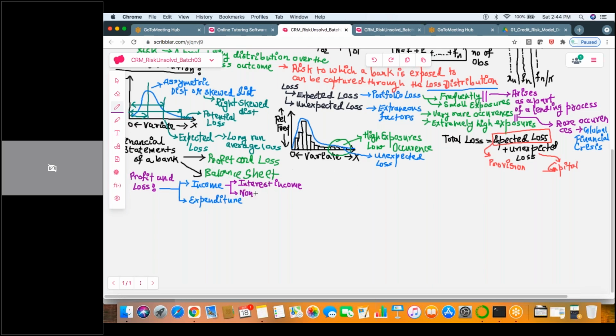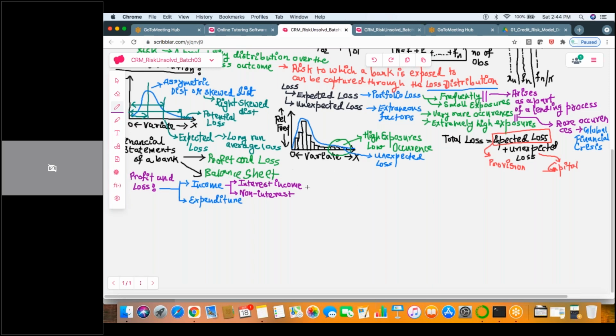The interest income is the income which the bank earns from their lending practices. When the bank lends funds, the individuals have to pay interest on that, and from there what you gain is your interest income.